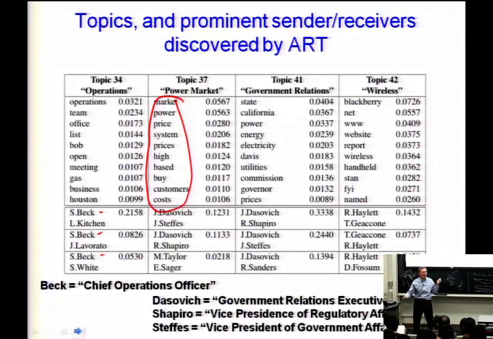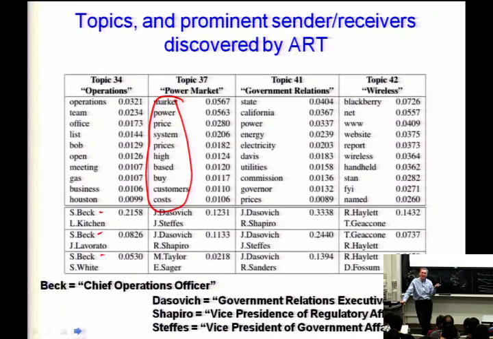So this kind of approach can actually be a very interesting scheme for doing an analysis on a very large corpus of documents, emails, and then saying things like, well, I'm interested in ones that were sent by Dasovich that were on the topic of power markets. And so this is a way of finding those things probabilistically.